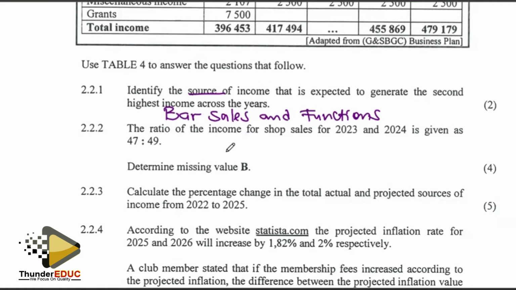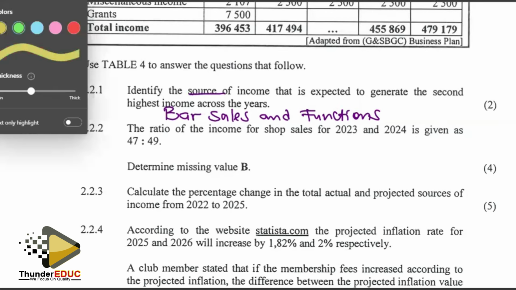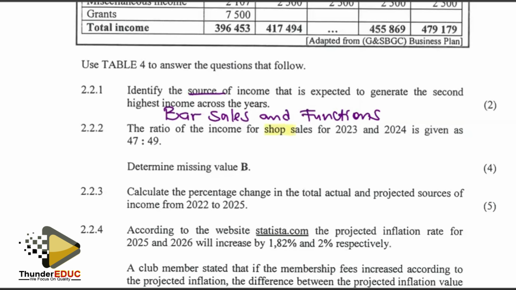Here we go. The ratio of the income for shop sales for 2023 to 2024 is given as 47 is to 49. Find the missing value of B. We are looking at the shop sales for 2023 and 2024 in a ratio format.